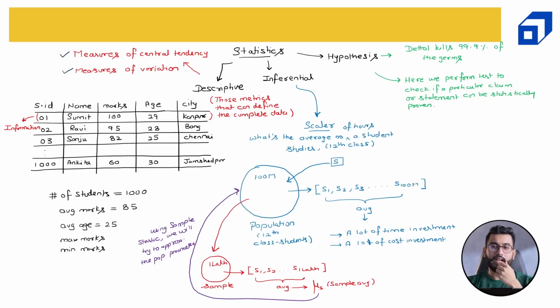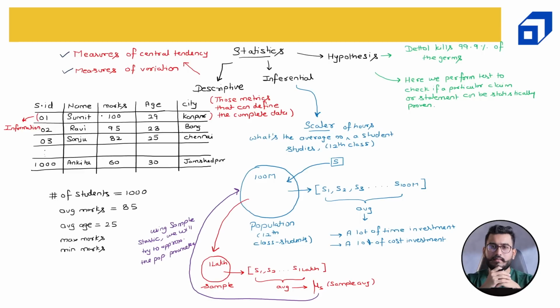If I am one of the teachers, I would not tell my principal, okay, I have a class who is having Sumit, whose age is 29, whose marks are 100, and then we have another student whose name is Ravi, who is from Bangalore. He's 28 years old. As you can see, it will take a lot of time, and I would not be getting a complete picture of how my class looks like, right?